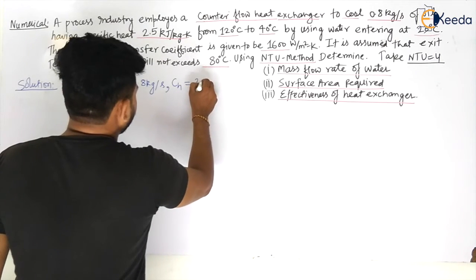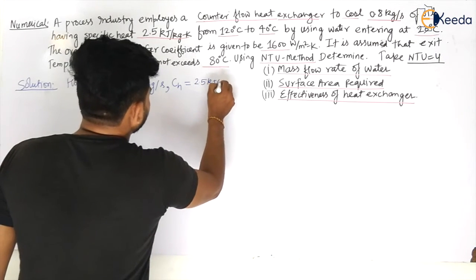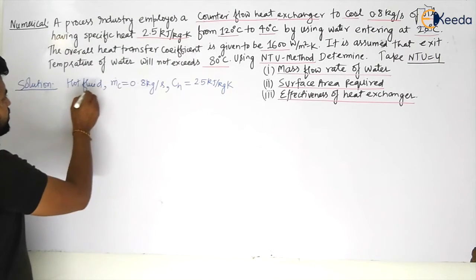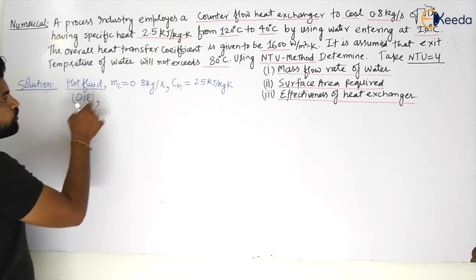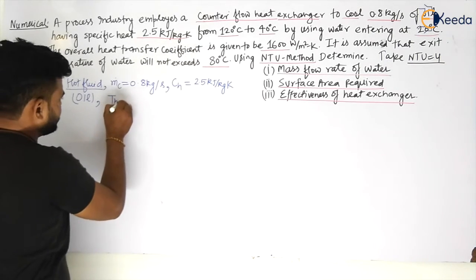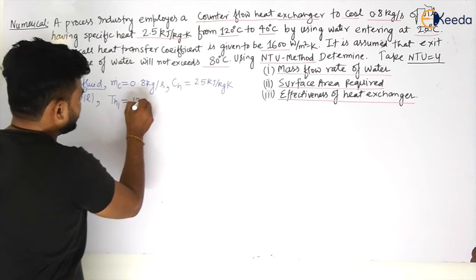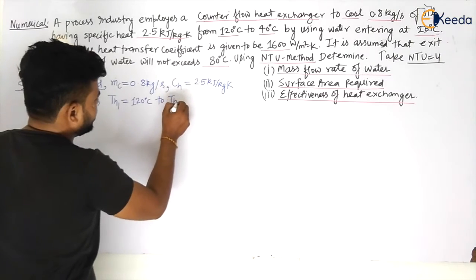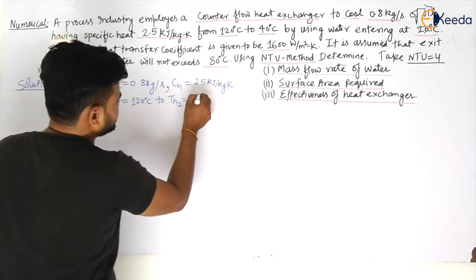That is 2.5 kilojoule per kg Kelvin, and he is cooling that oil. Your hot fluid is oil, my dear friends, and he is cooling that oil from TH1, that is equal to 120 degrees Celsius, to TH2, that is equal to 40 degrees Celsius, my dear students.